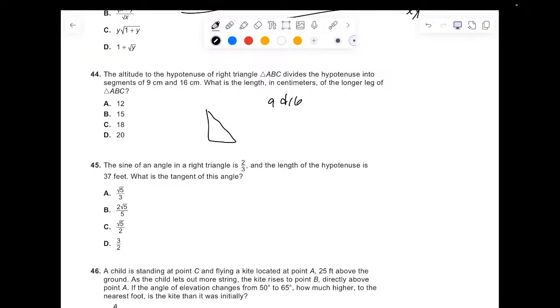I'm not gonna lie, I don't really understand this one. The altitude divides the hypotenuse into segments.